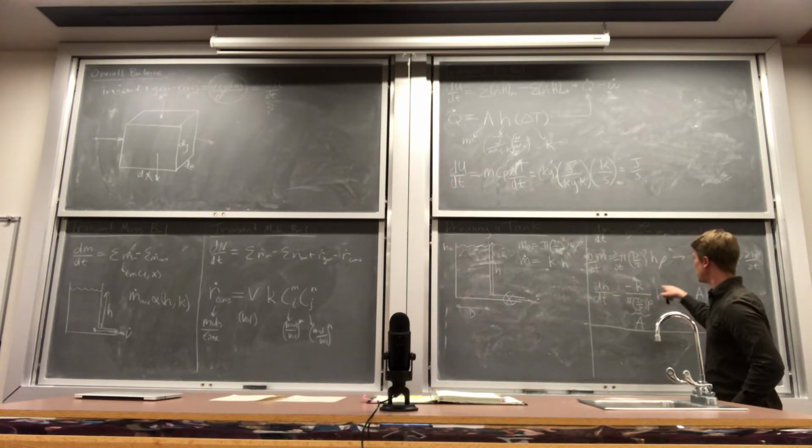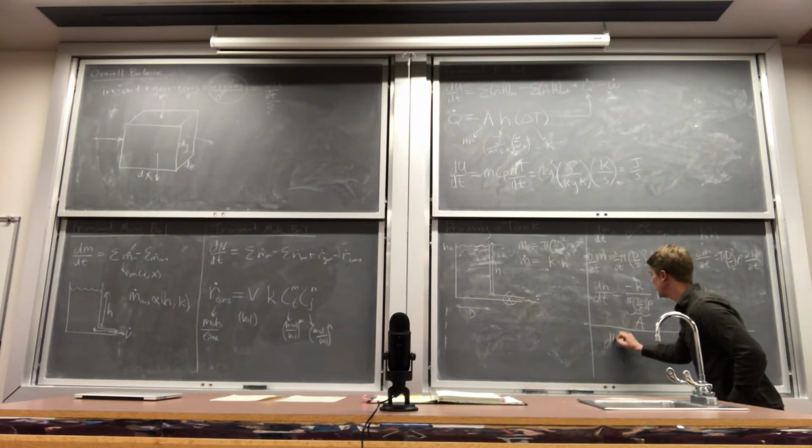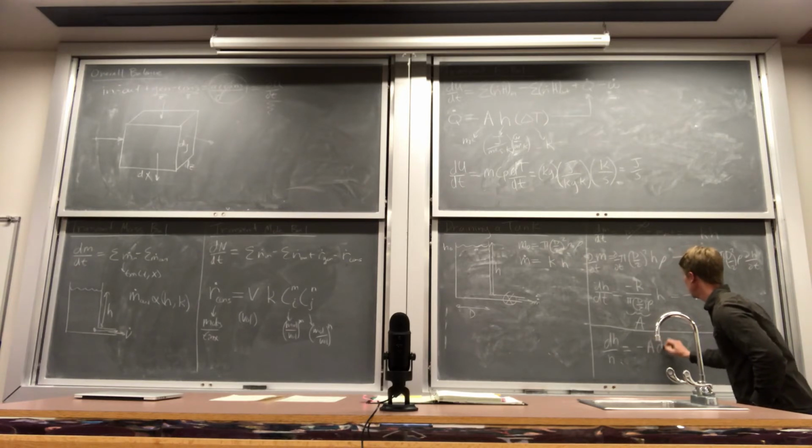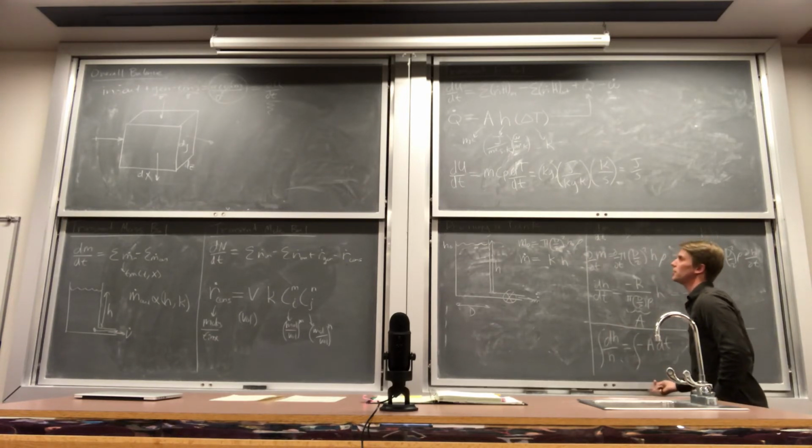So we move the dt to one side, the h to the other side. We have dh over h is equal to minus a dt, which means we can integrate each of these independently.